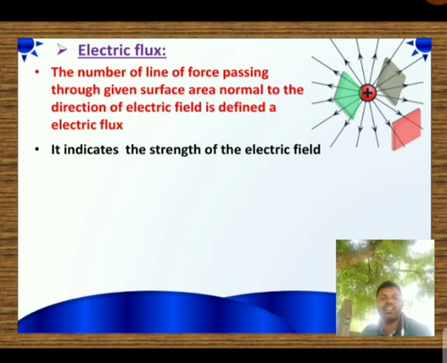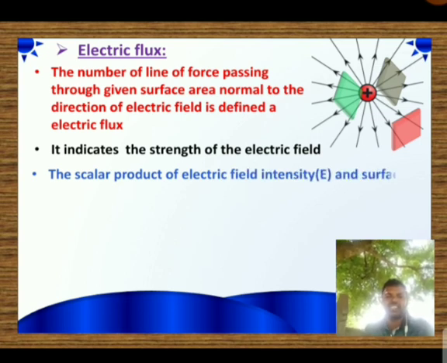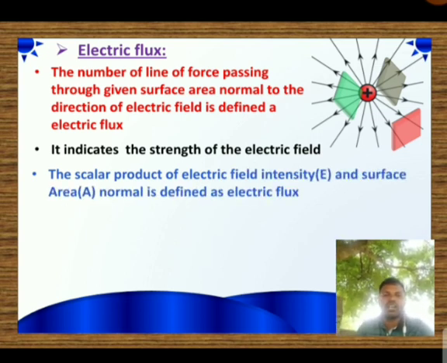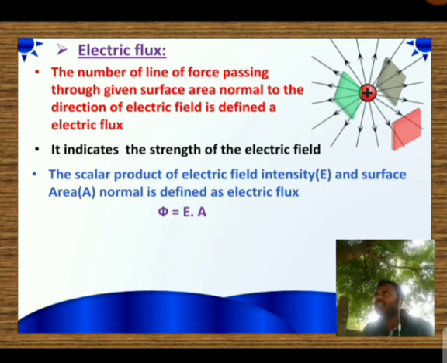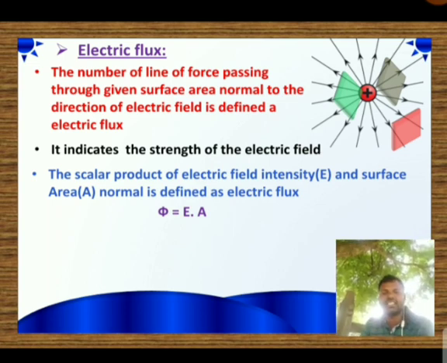If there are very few lines of force, then that indicates a weak field. The definition of electric flux is the scalar product of electric field intensity E and surface area A. Electric flux is denoted with phi, which is equal to E dot A.